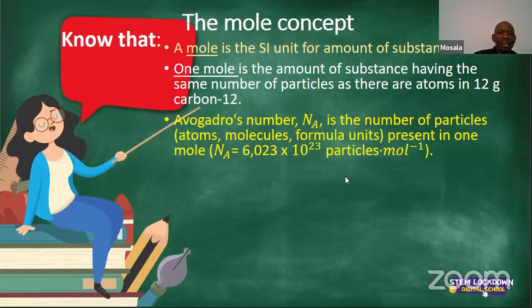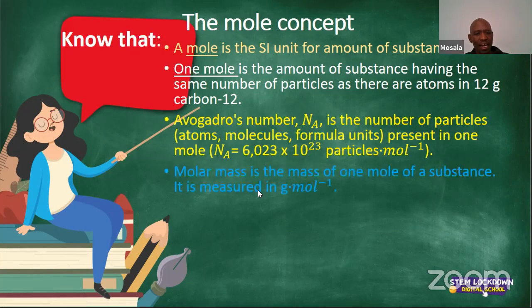The value of Avogadro's number is 6,023 times 10 to the power 23 particles per mole. So every time we are talking about the number of particles in a mole, we are talking about 6,023 times 10 to the power 23 particles.